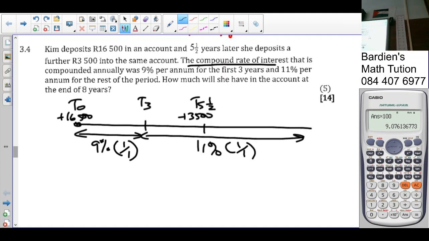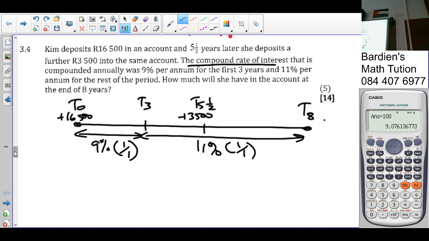You don't have to put 1 over 1 there. Next year we'll talk about compounded daily, monthly, and so on. How much money will she have in the account at the end of 8 years? So the time period is 8 years.